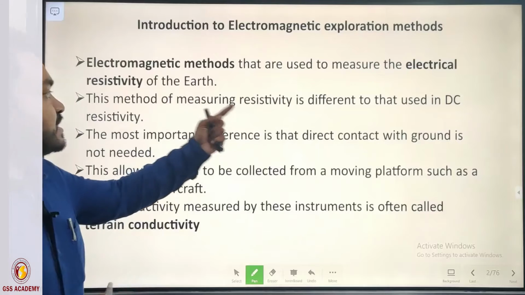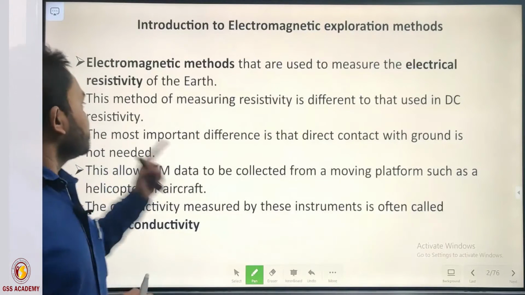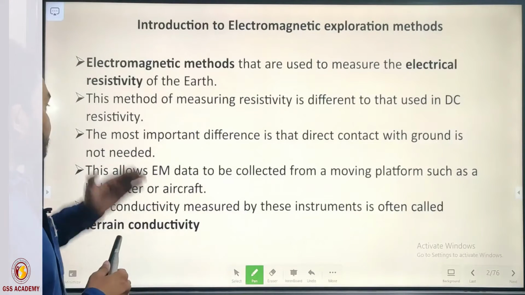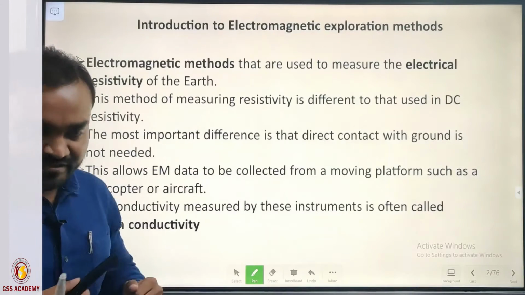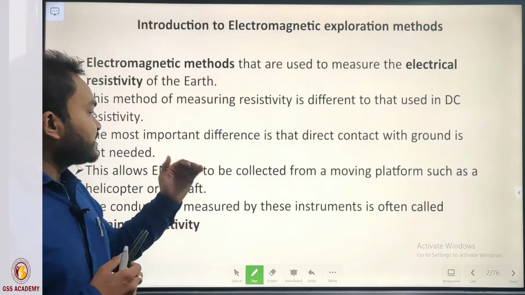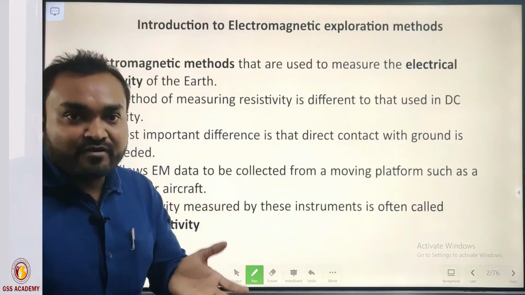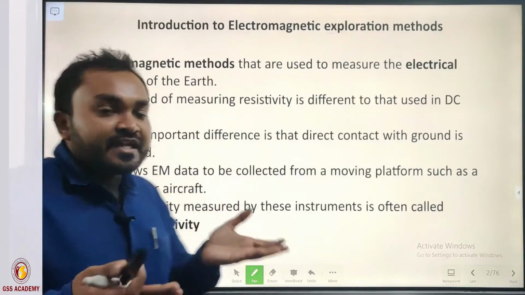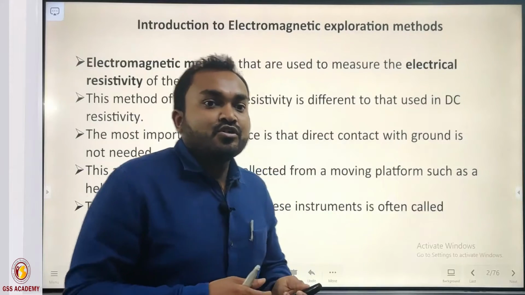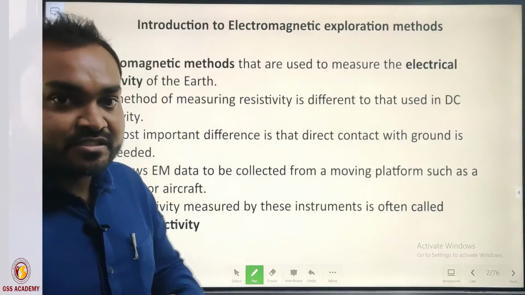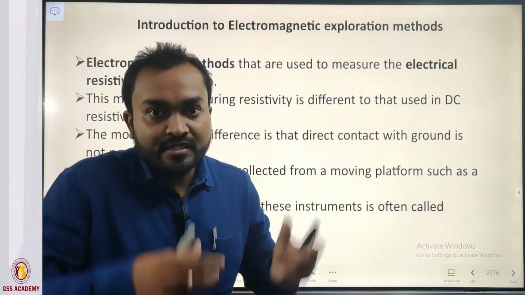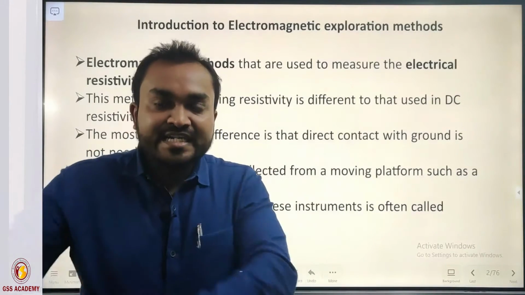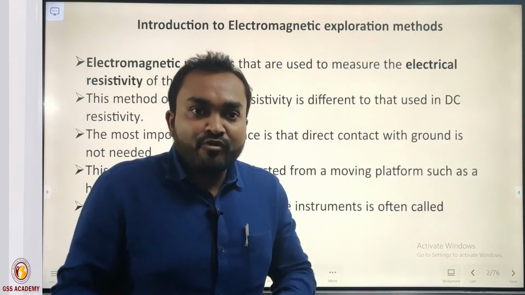This method of measuring resistivity is different to that used in the DC resistivity method. The most important difference is that direct contact with the ground is not needed. This allows electromagnetic data to be collected from a moving platform such as an aircraft or helicopter. So these are the advantages over your DC electrical method, that no contact is needed.